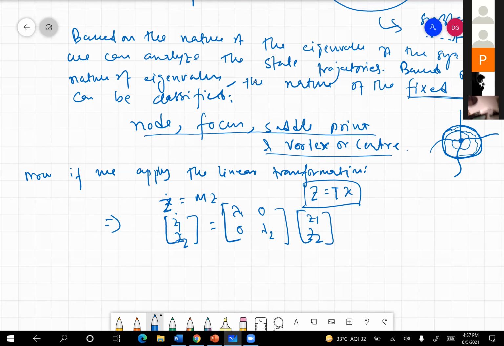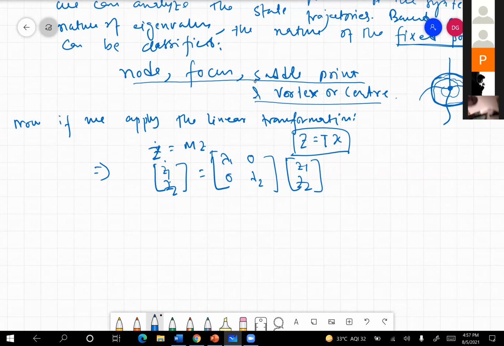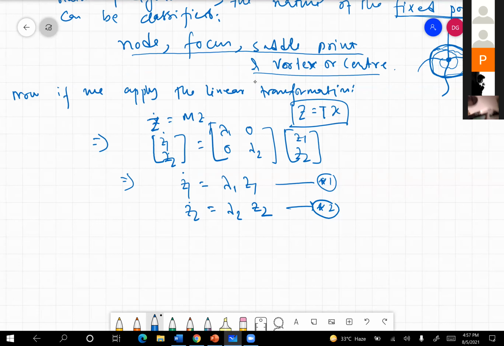You notice in this system, both equations are actually decoupled. They are not dependent on each other. If you have diagonal eigenvalues, I can write from this system z1 dot equal to lambda 1 z1 and z2 dot equal to lambda 2 z2. So I have two systems that are decoupled from each other.